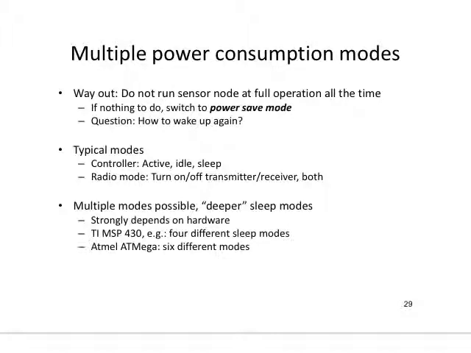Because if you are in a very deep sleep mode, sometimes you cannot turn to an awake state unless you spend some amount of energy, which is overhead. So you will take time and energy.